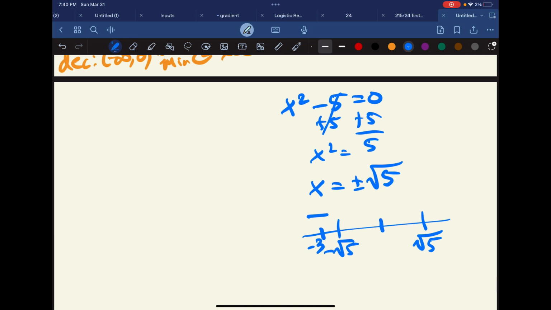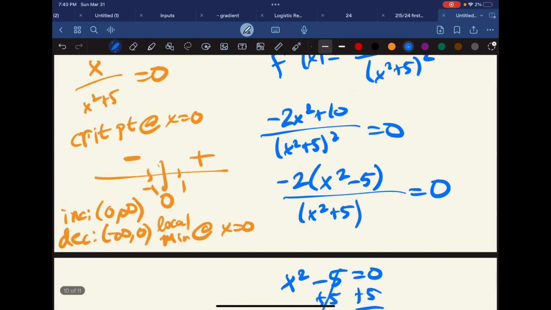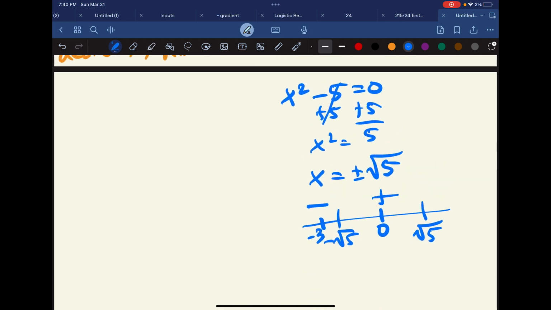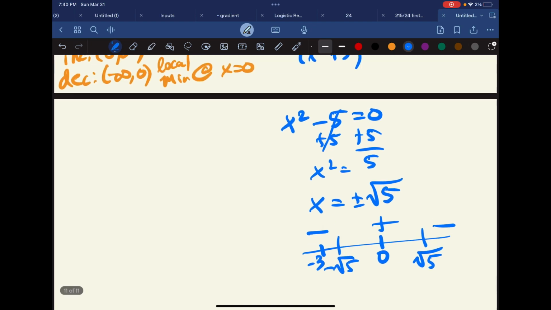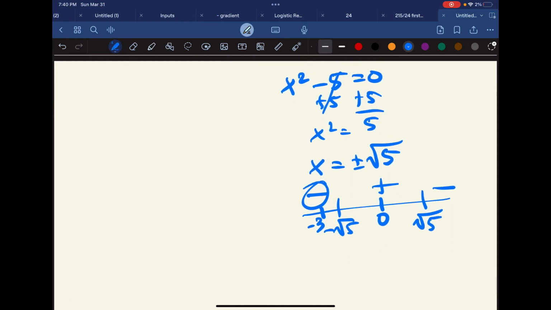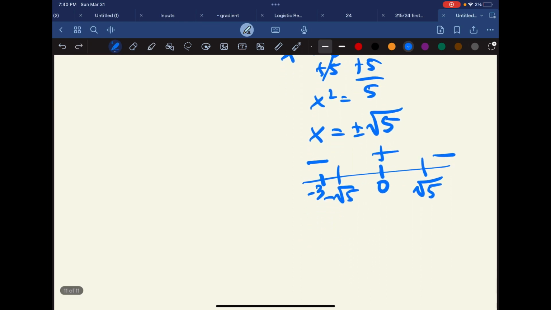If we plug in something in between, say we plug in 0, this term is negative because it's 0 minus 5, but that gets multiplied by -2, so that makes it positive, and the denominator is always positive. And this last interval is also going to be negative for similar reasons.